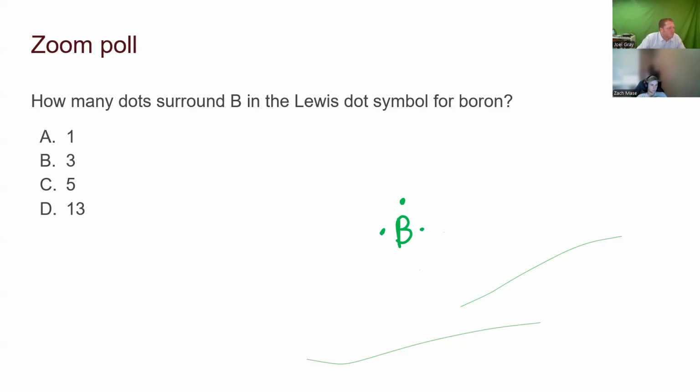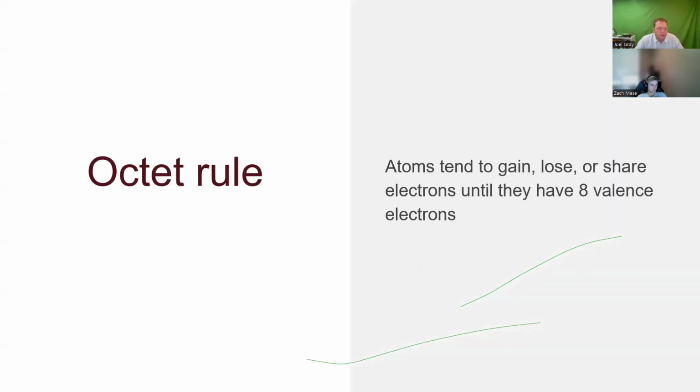Okay, we'll move on from there and introduce this rule known as the octet rule. The octet rule states that atoms tend to gain, lose, or share electrons until they have 8 valence electrons.